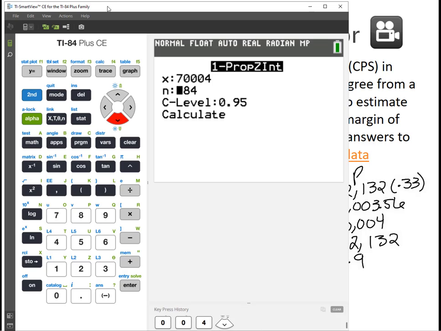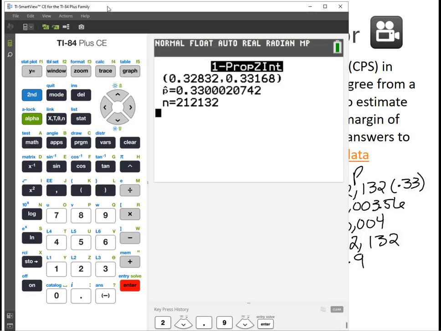N was 212,132, and then my confidence level is 0.9. Okay, and I hit calculate. And with the new OS, remember, just hit enter once. If you hit enter twice, it's going to take you back to the home screen.